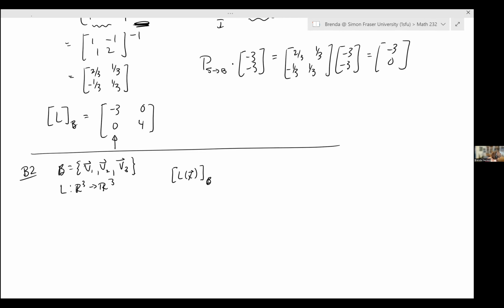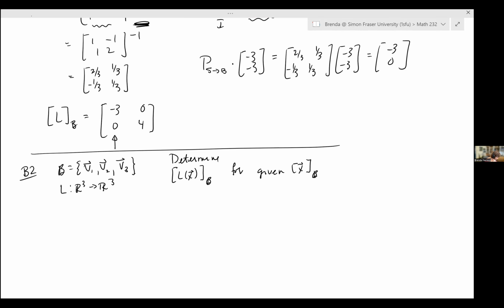We're supposed to determine this. Let me just write that. Determine this for the given x. So let's just get these things out that we're given. We're being given a vector with coordinates in the basis B.